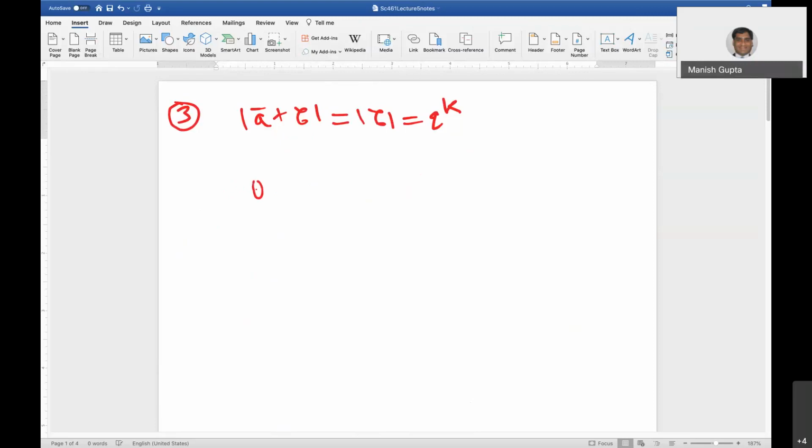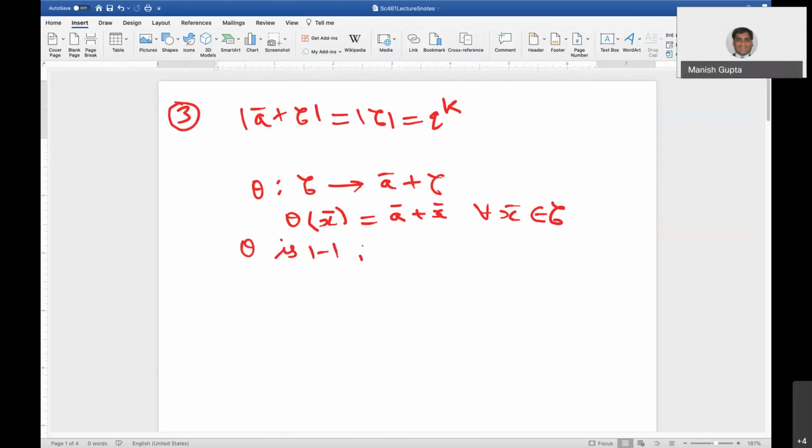If you take a map theta from C to A plus C as theta of x equals a plus x for every x in C, then one can show that this map theta is one to one and onto. This implies that they will have the same cardinality. The cardinality of C is the same thing as the cardinality of A plus C.